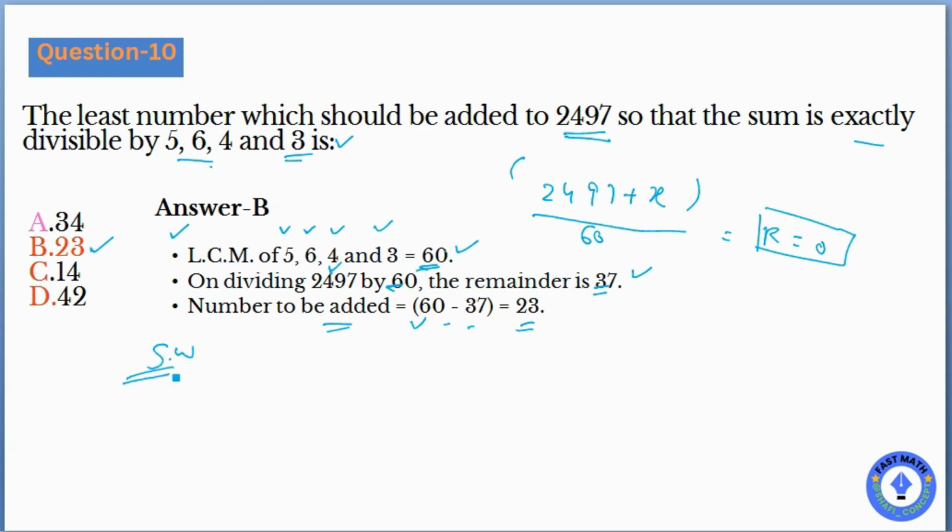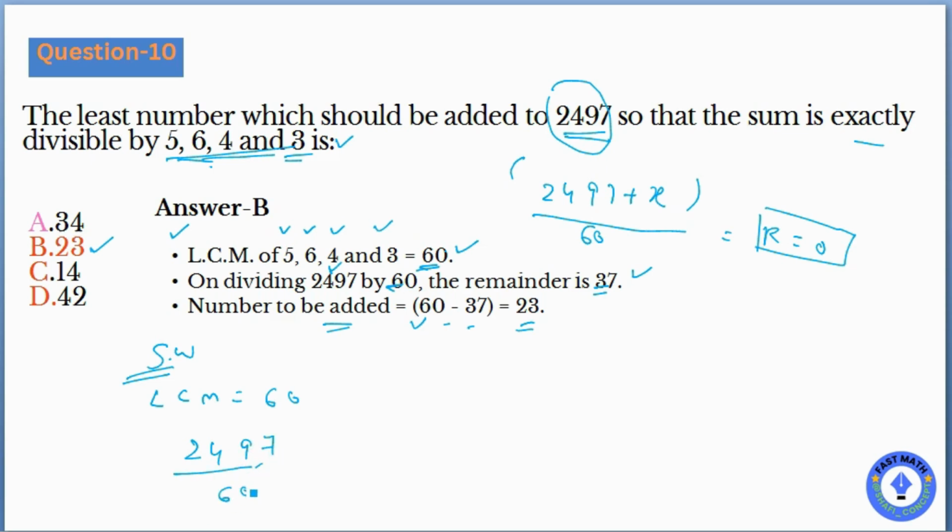Let us move to the shortest way of doing this problem. Whenever such a problem is given, please find the LCM of the numbers. Already you know the LCM is 60. You divide the given number, 2497, by the LCM, 2497 divided by 60.